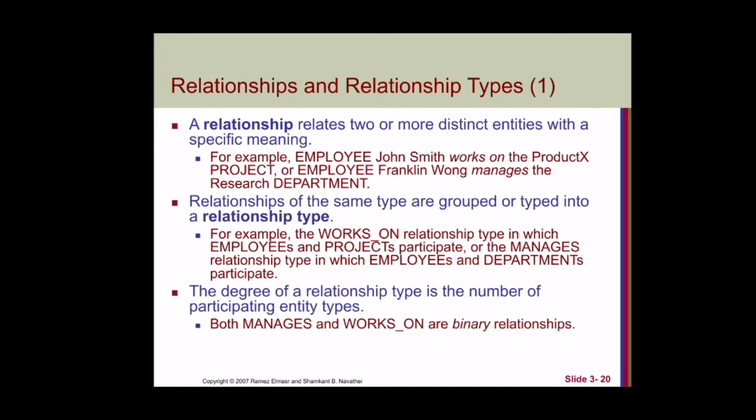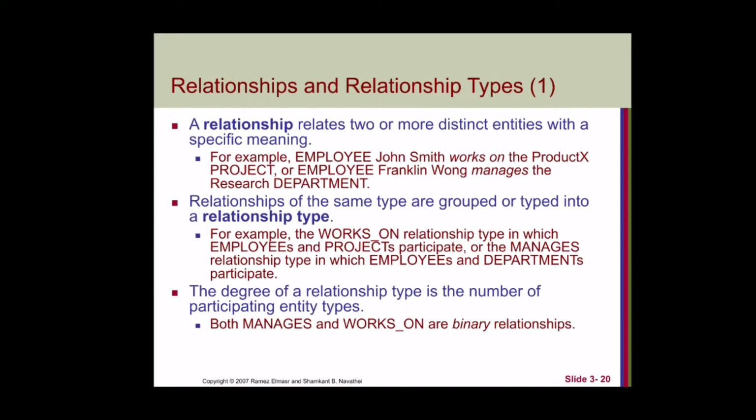A relationship relates two or more distinct entities with a specific meaning. For example, employee John Smith works on the product X project, or employee Franklin Wong manages the research department. So you can see there is a connection between the two entity types. If you see the first example, there is a relationship between employee and project, right?